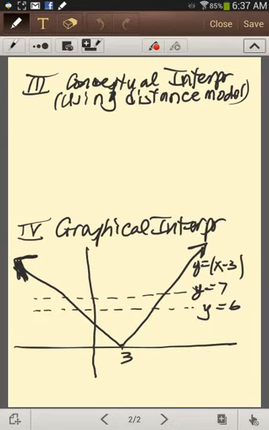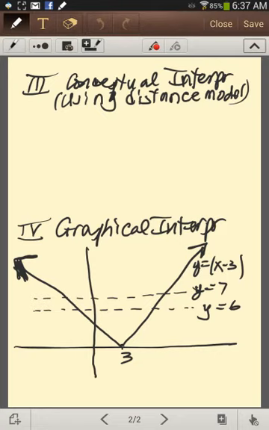Let's move on to other strategies and instructional modes, and this is kind of related to multiple representations, the rule of 4, developing conceptual thinking. For absolute value, I think it's very powerful to use the distance model on a number line.